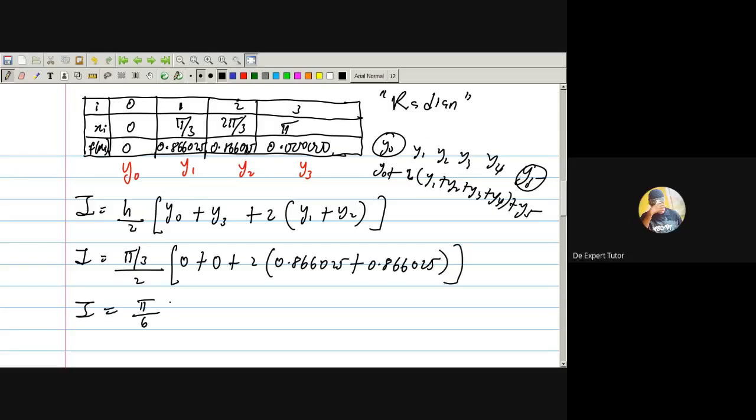So times, what would this one give you? 4 times 0.866025, because what I have here is 2 times this, so times 2. Just use this calculator. What would this give you? 3.463799. Confirm.